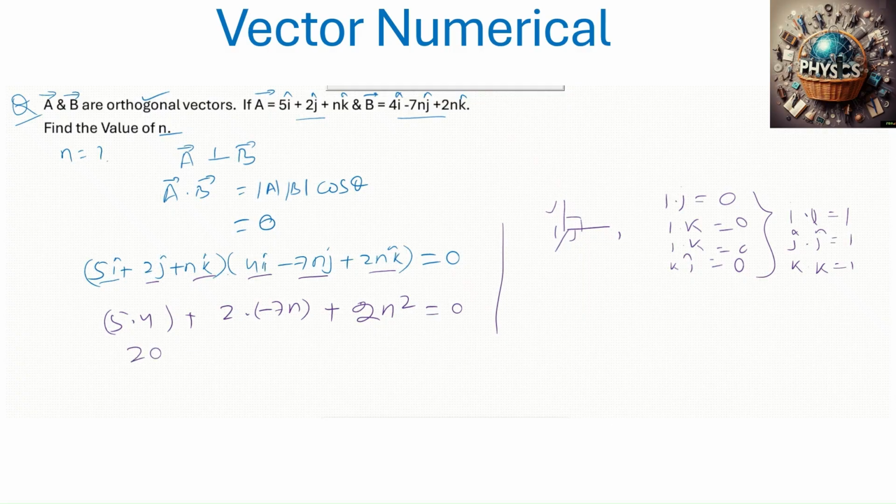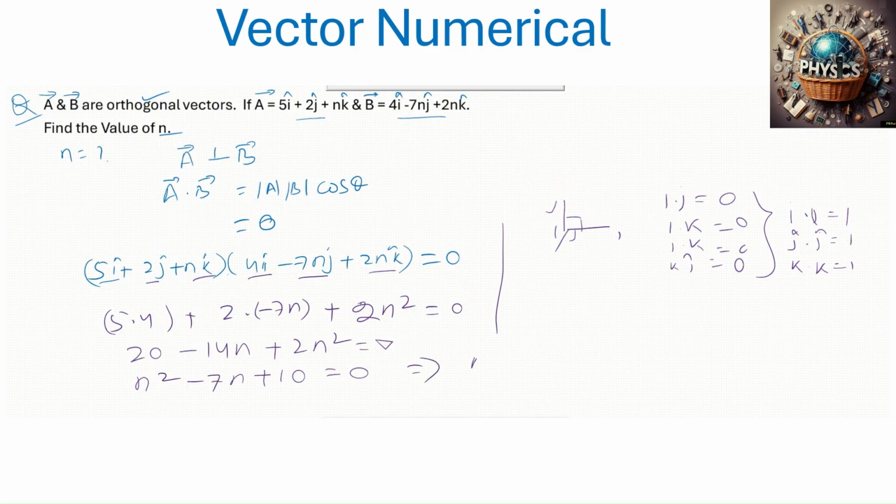That becomes 20 minus 14n plus 2n square equal to 0, which means n square minus 7n plus 10 equal to 0.